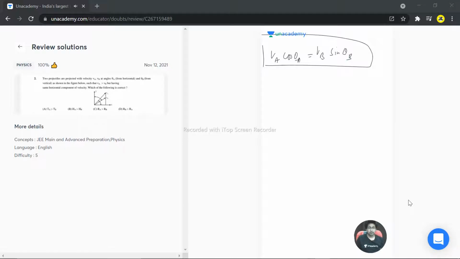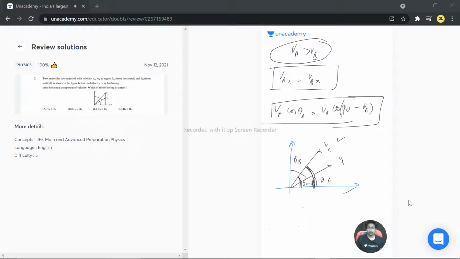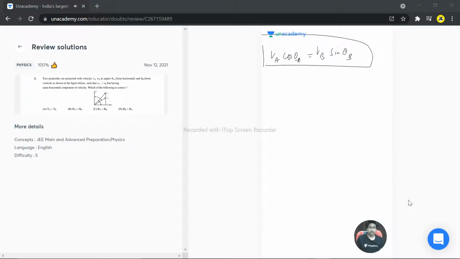So range, time, height, what will be the relation between them? As per the question, the time will be 2u sine theta by g. For TA it is 2 VA sine theta A by g, and for B it is 2 VB sine of 90 minus theta B upon g.